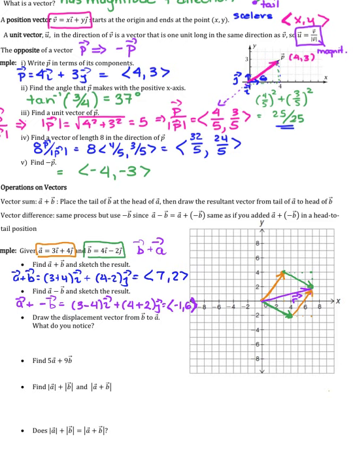So from the end of A, I'm going to go 1, 2, 3, back 4, and up 2, right? So notice that B went exactly, this was B before, this is opposite of B. So my resultant vector is exactly where we said it would be. It's at negative 1, 6.